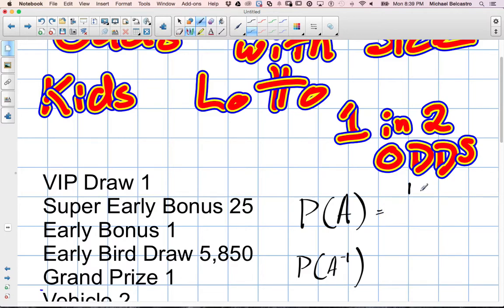If you know your dice, there are usually 6 sides, and we'll say it's a standard die, so you have a 1 in 6 chance. The probability of not event A is the probability of getting everything else. There are 5 other sides, so there's a 5 in 6 chance of that happening.